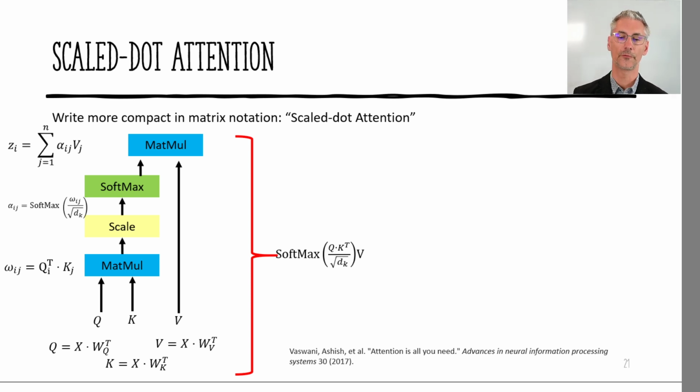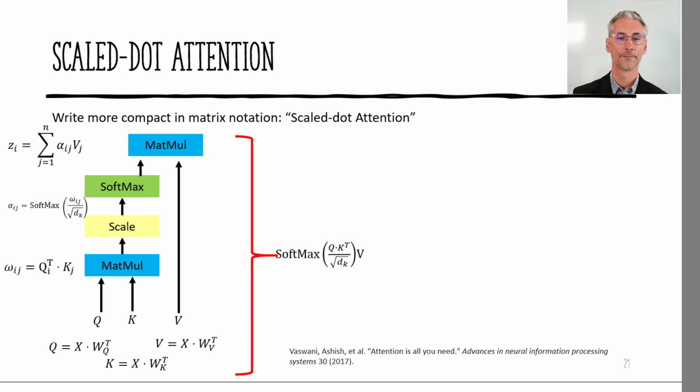One for Q, one for K, one for V. And now we do the same thing as we have done when moving from the RNN to the simple self-attention. We first have these weights omega, one for Q and K, and the same then later for the product with V.